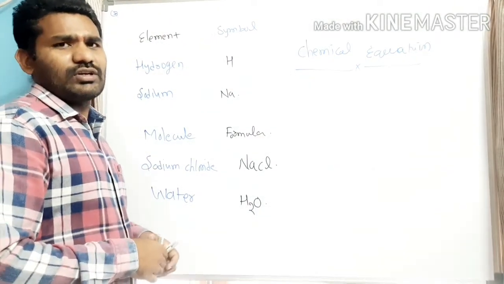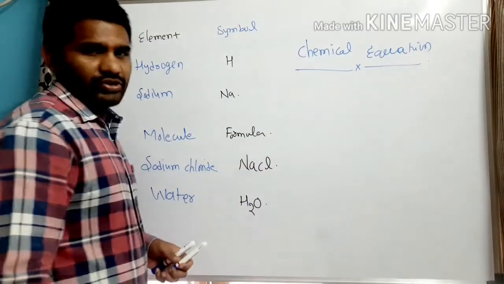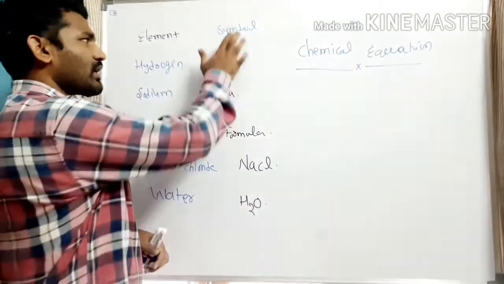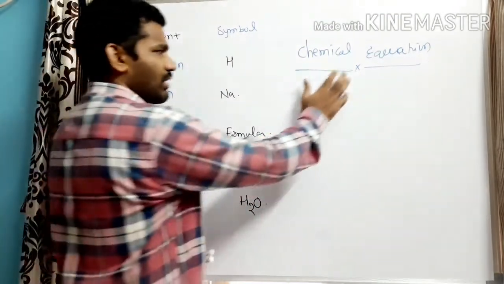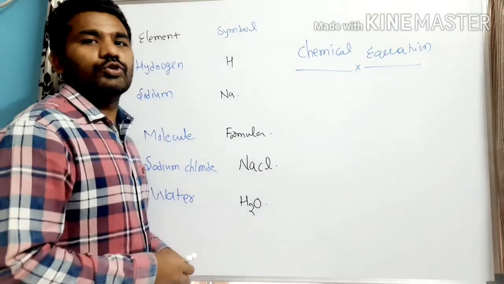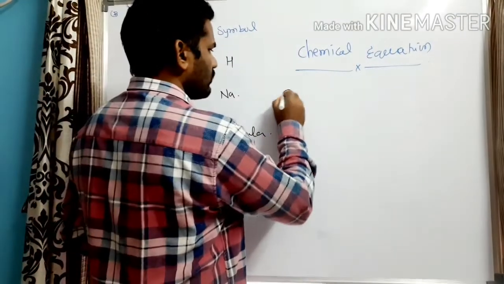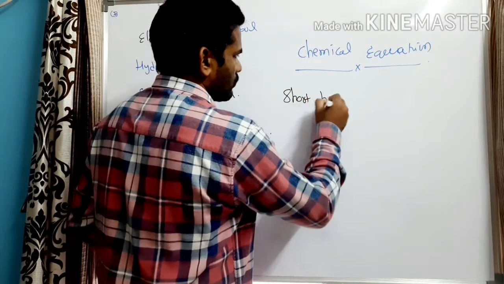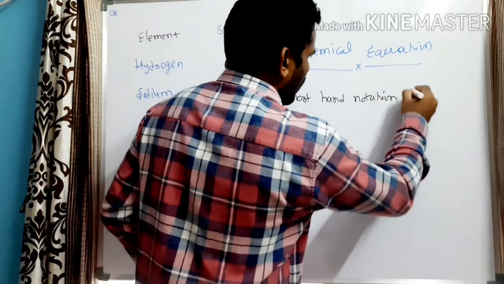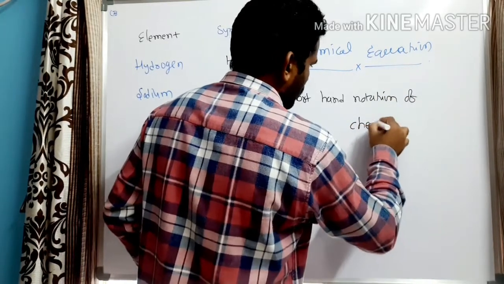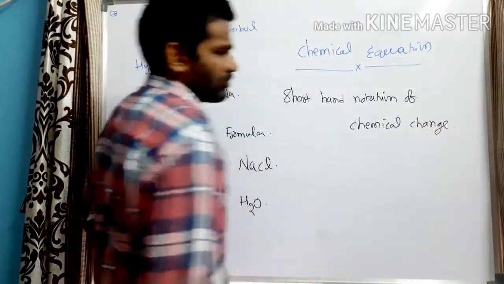A chemical equation is a representation of a chemical change using symbols and formulas. It is a shorthand notation of a chemical change.